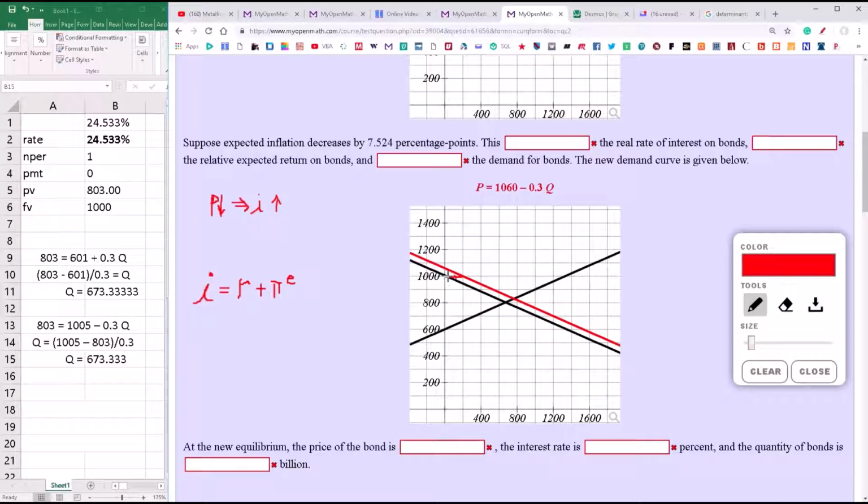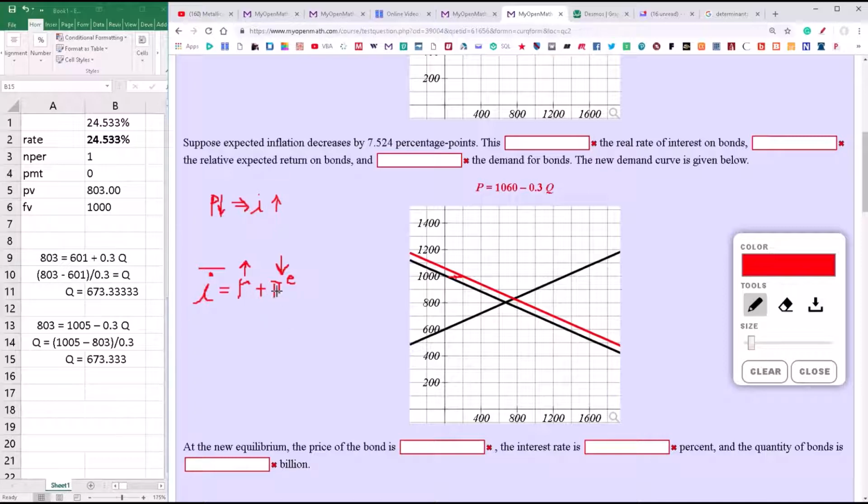But when we go from one demand curve to the next demand curve to analyze the effect of the shift, we're holding the price constant. So if we're holding the price constant, we're holding the interest rate constant. And this says expected inflation is going to decrease, right? Well, if this side is not changing, then this side can't change, which means the real cost of borrowing has to go up.